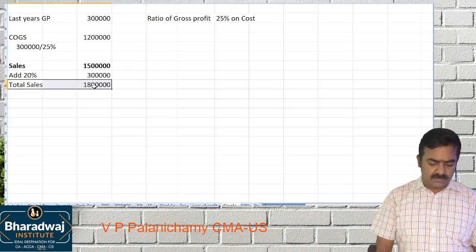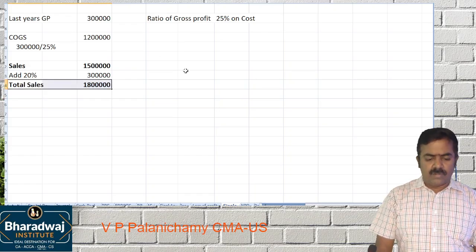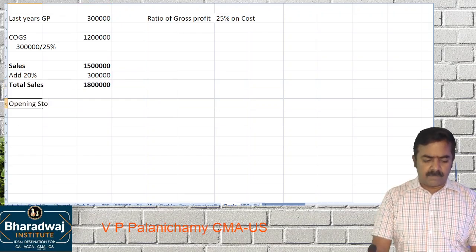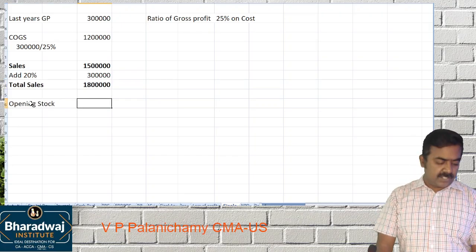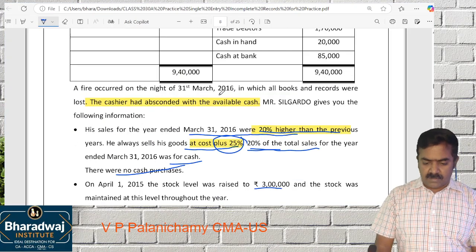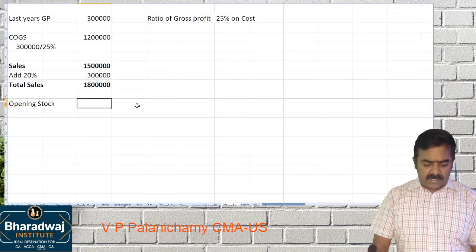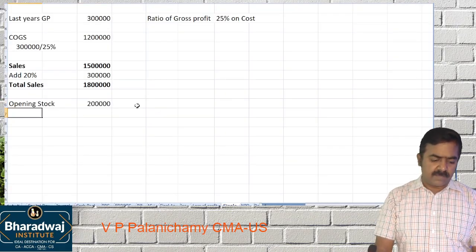Then one more hint given is: what was the opening stock? Check your opening balance sheet. What is the opening stock given? 2 lakhs. And the stock level is increased.